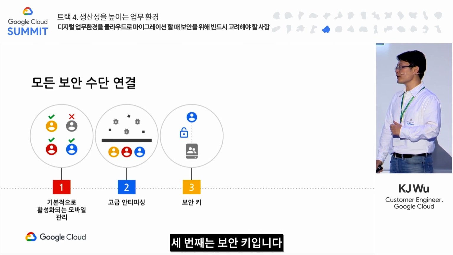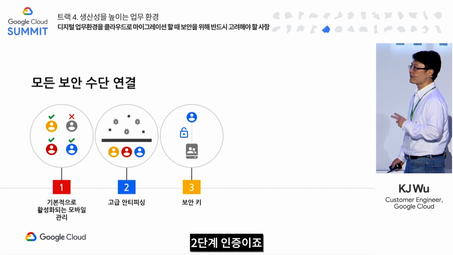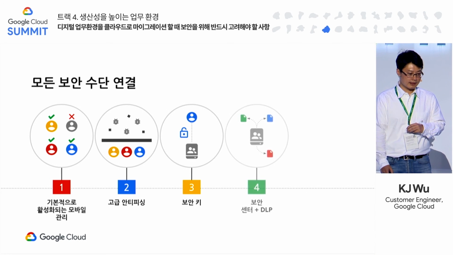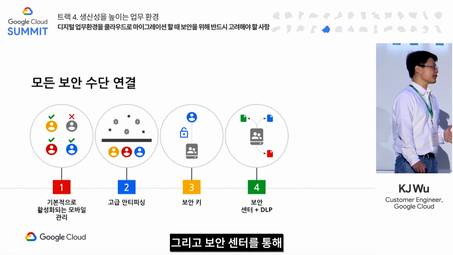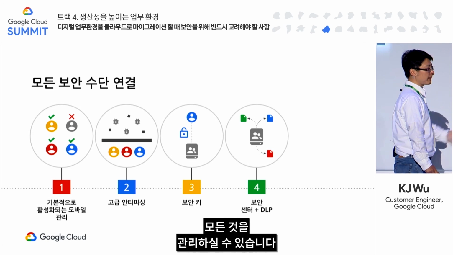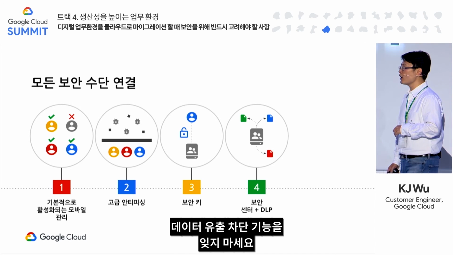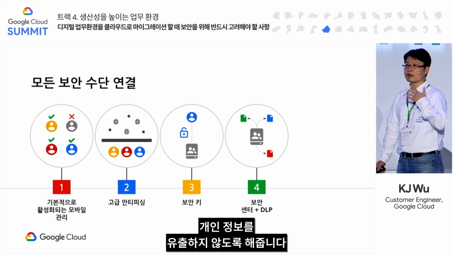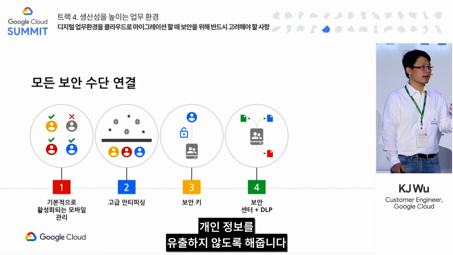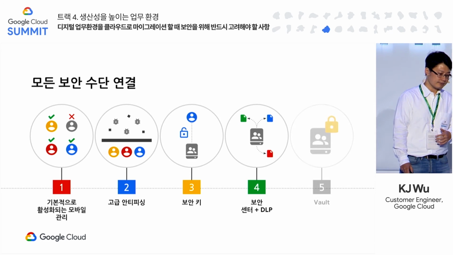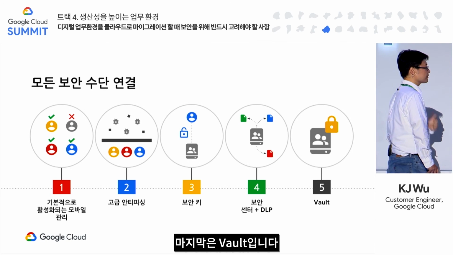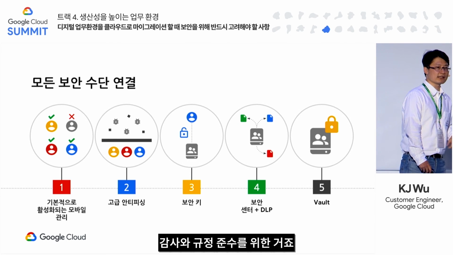Second one, phishing. We apply a lot of machine learning security behind the scenes to help you prevent it from happening, detect it, or even take remediation. So make sure you use the security health checklist, follow all the best practices, and apply that to your corporate environment. The third one is security key, two-step verification. Then use the security center to help you manage that. Don't forget about data loss prevention, DLP, to prevent your personal data from leaking. Last one, Vault, compliance and auditing.